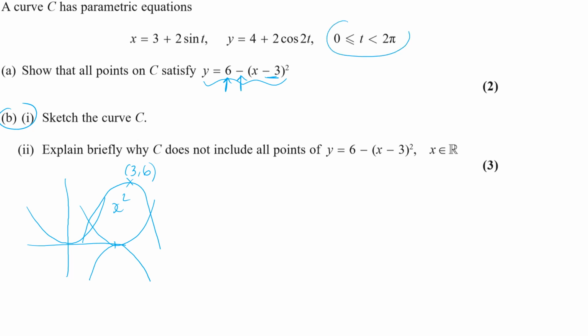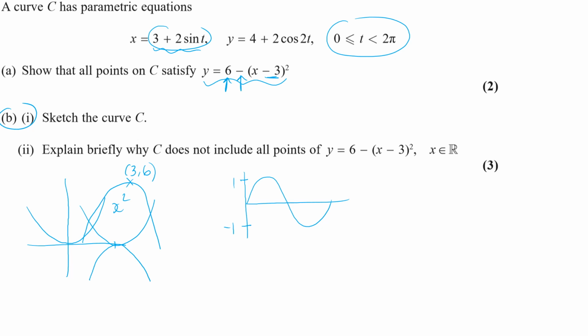Then we've got to have a look at the range of values, which are dictated by the range for t, because looking at the parametric equation, it's going to be dependent on the sine. Sine goes between 1 and minus 1. So what's the maximum value this can take? It's going to be 3 plus 2 and 3 minus 2.